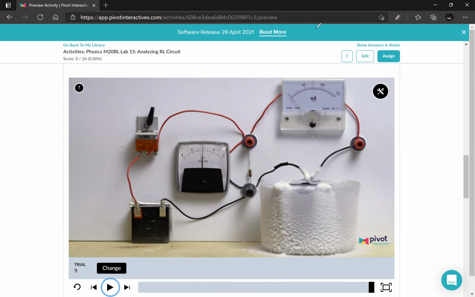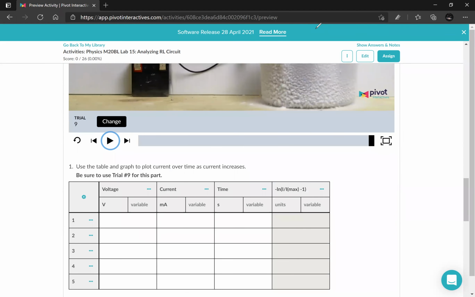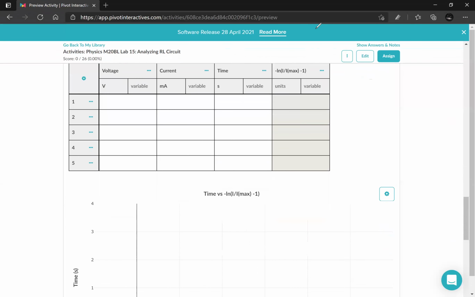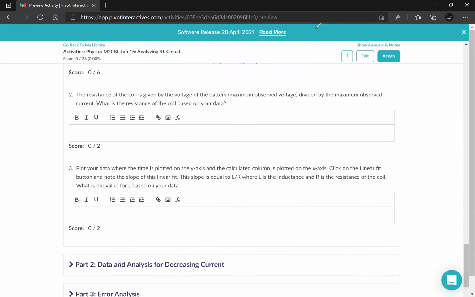That's what our measurement is going to be. Here you can see how the voltage changes as a function of time, how the current changes as a function of time, and we already have a pre-built equation for the ln, so that you can plot it and do the graph. All you have to do is take measurements, and the graph and everything will be directly given to you.